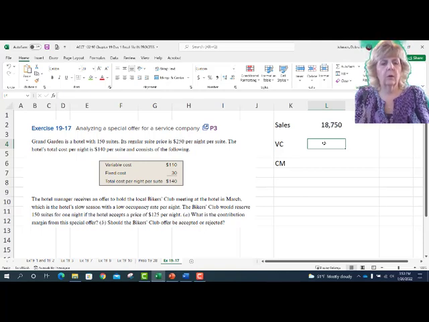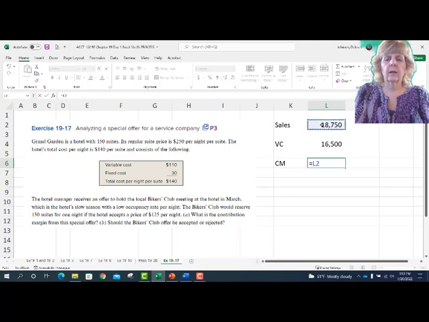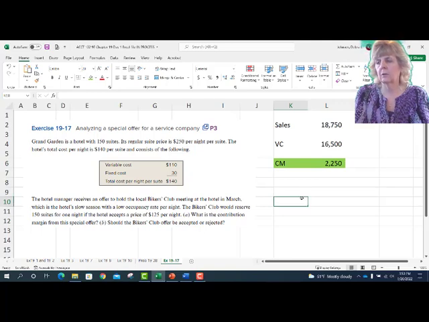Let's take a look at what that would cost us. 150 suites at the variable cost only of $110 would be $16,500. If this special bikers club was to come in, we would be increasing our contribution margin by $2,250.